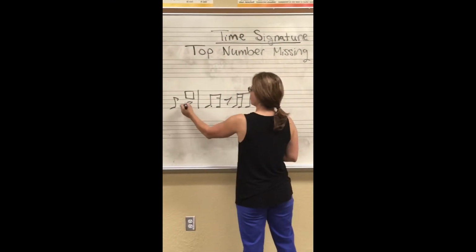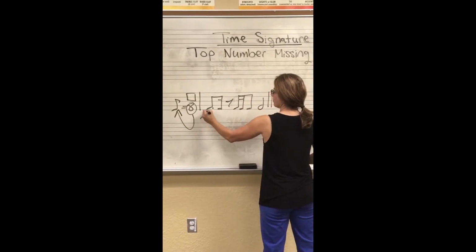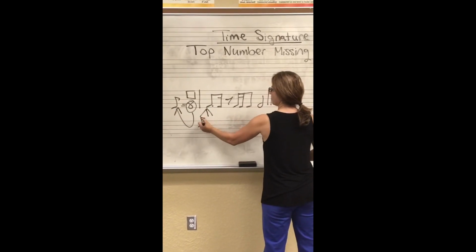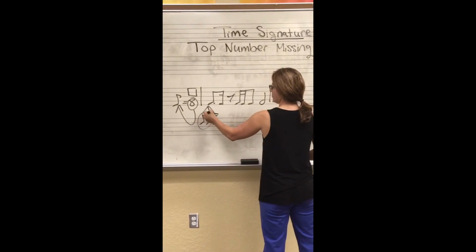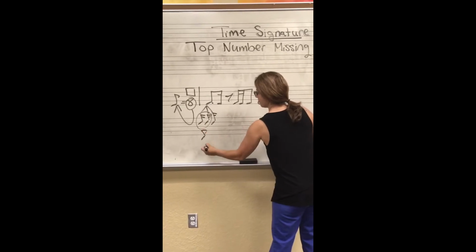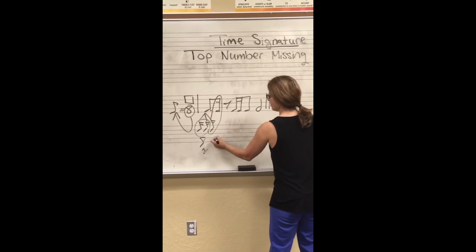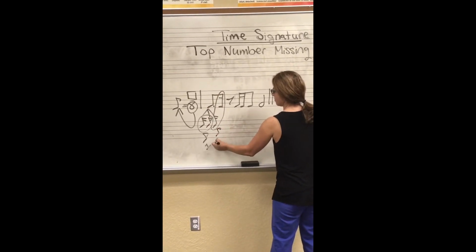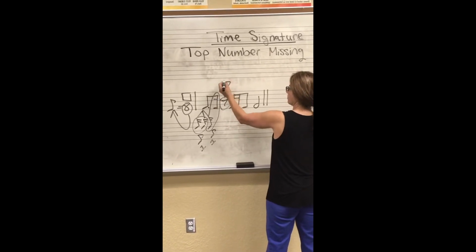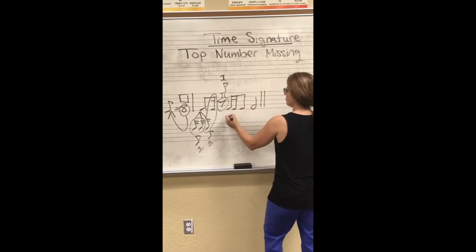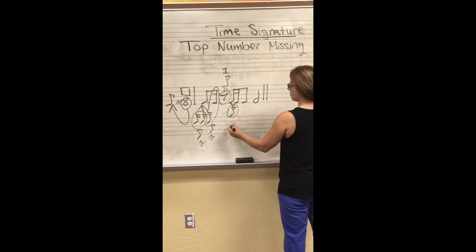When the 8 is on the bottom, we're counting the eighth notes. 1 dotted eighth note and a 16th note is worth 2 beats. An eighth rest is worth 1 beat. 2 16th notes make 1 beat, and 1 eighth note makes 1 beat.